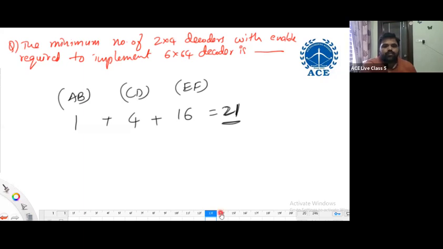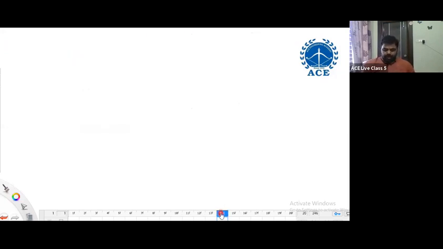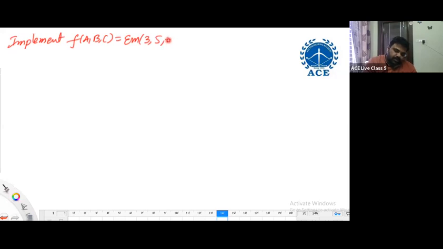Now, let us go for implementation using decoders. Now, the question is: implement f of a, b, c equals sigma m of 3, 5, 6, 7 using a 3 to 8 decoder and required logic gates.